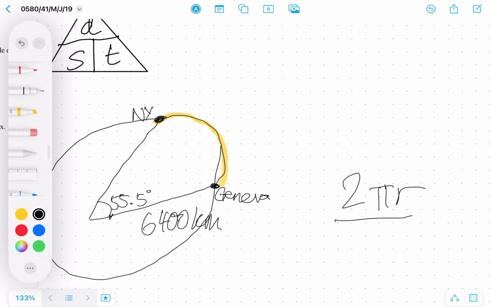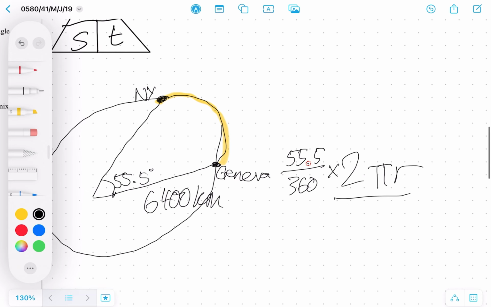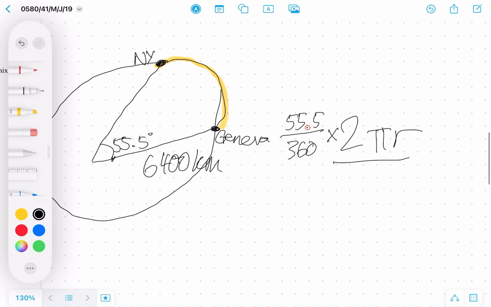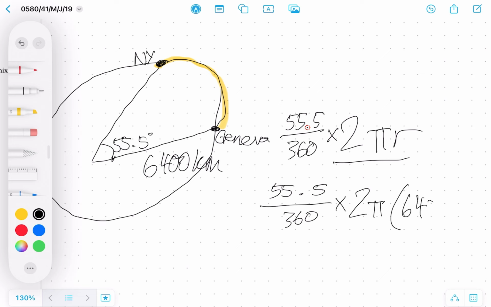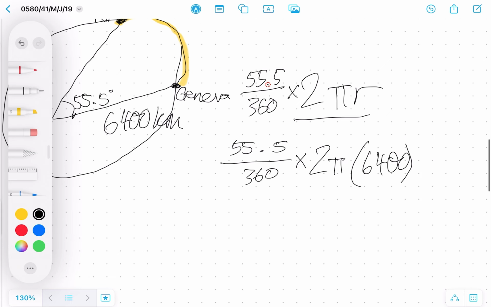So as a fraction of the entire perimeter, it's 55.5 over 360 multiplied by 2 pi r, because New York to Geneva is only a fraction of the entire perimeter. So the distance between New York and Geneva is 55.5 divided by 360, the total number of degrees in a circle, multiplied by 2 pi r, where r is 6,400 kilometers.